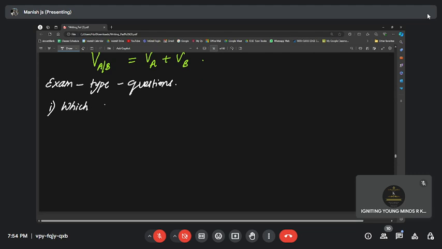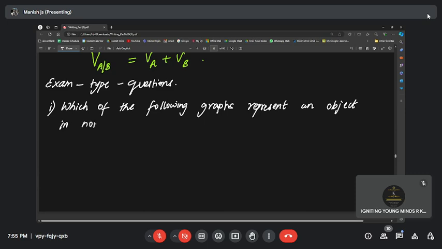Which of the following graphs represent an object in non-uniform motion?